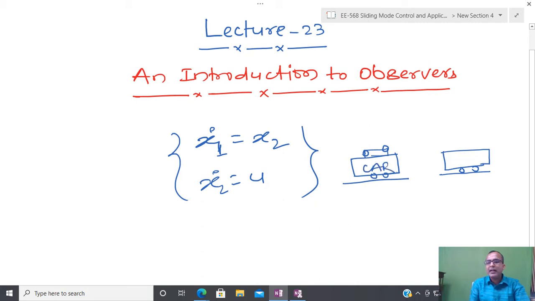Suppose this is our car, and I have started this car at t equal to t0, and I am here at t equal to tf. Now I am assuming that the mass of this car is unity, so m equal to 1 without loss of generality. I am assuming there is no friction.